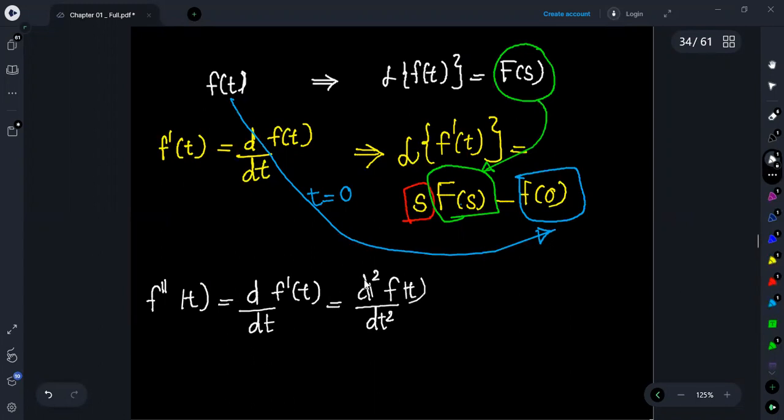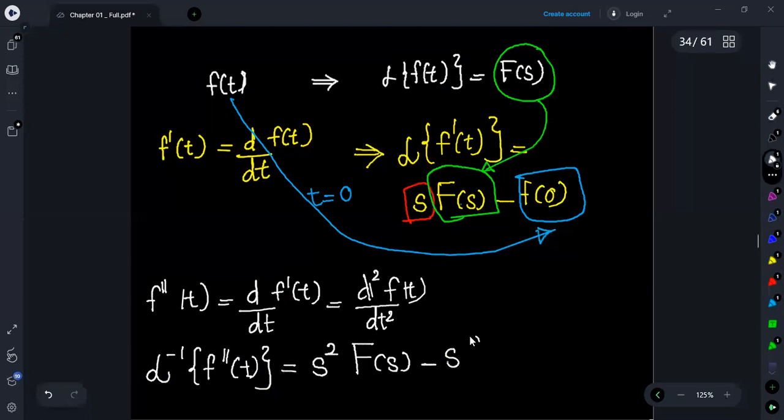So if we ask to find the Laplace transform of the second derivative, then we can use this expression: s to the power 2 times capital F of s minus s times f of 0 minus f dash 0.